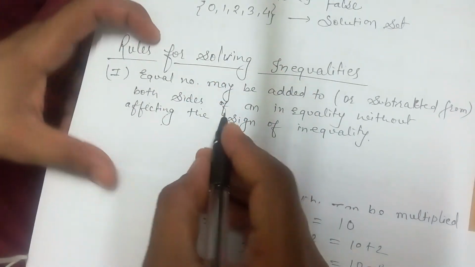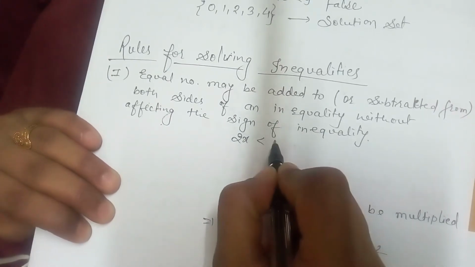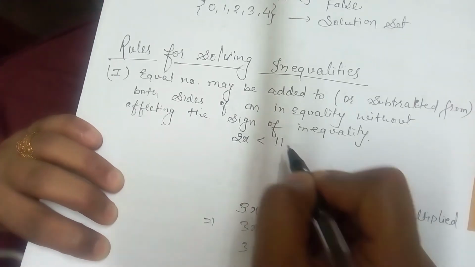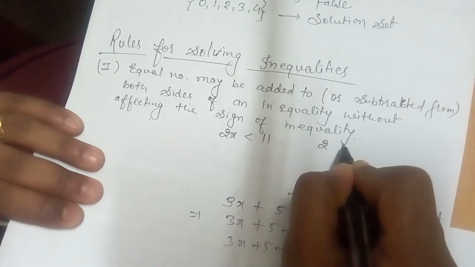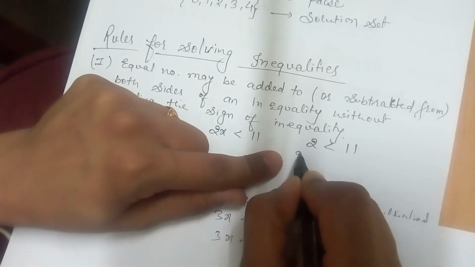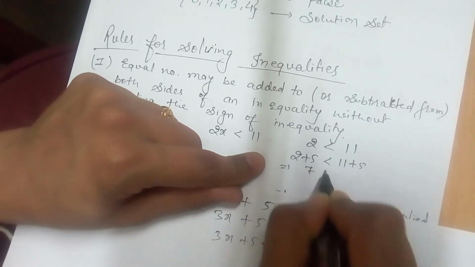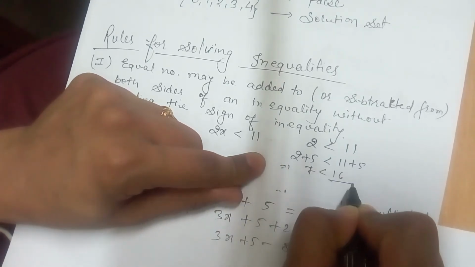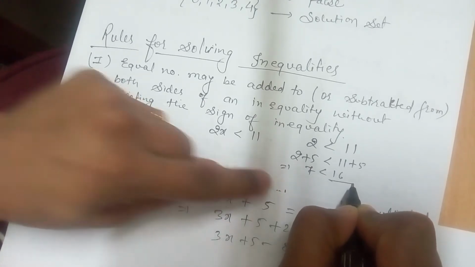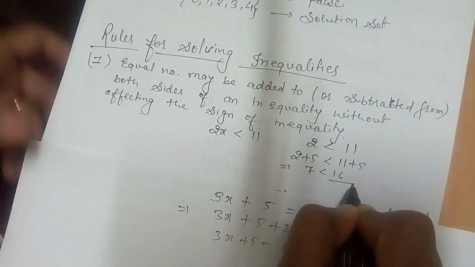For example, one inequality is given, 2 is less than 11. If we add 5 to both sides, then 2 plus 5 is less than 11 plus 5. So we get 7 less than 16, which is true. See, there is no change in the sign of inequality. We can also subtract the same number from both sides of the given inequality.